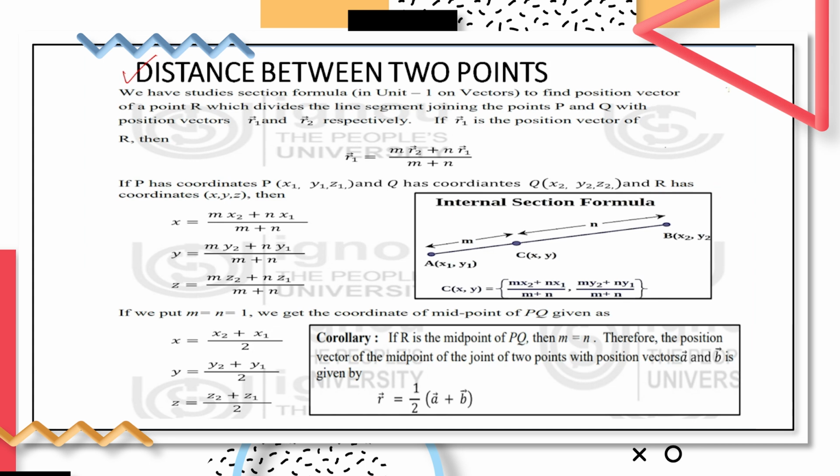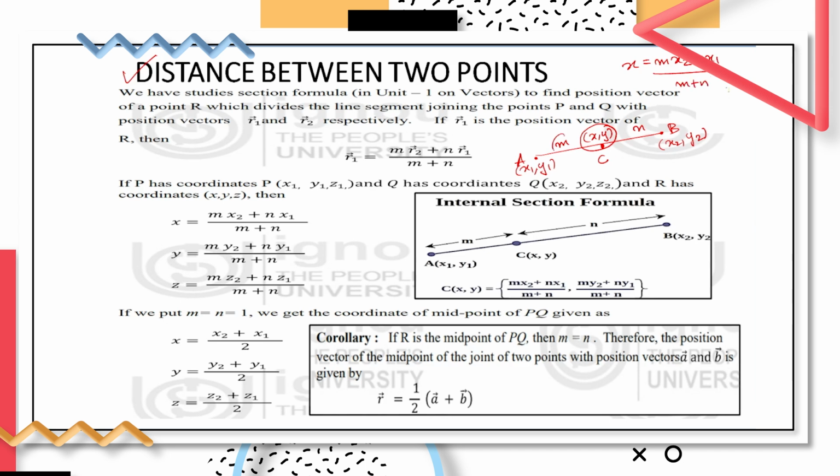If we are having 2 points, say point A and point B, wherein x1, y1 is the coordinate of point A, and x2, y2 are the coordinates of point B, and there is some point in between, say point C, whose coordinates are x and y, such that this point divides the line segment AB in the ratio m is to n, then you can find the coordinates of this point by using the formula x is equal to m times x2 plus n times x1 upon m plus n.